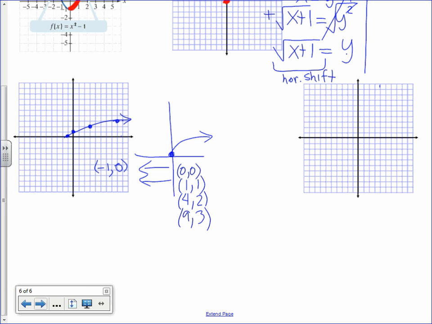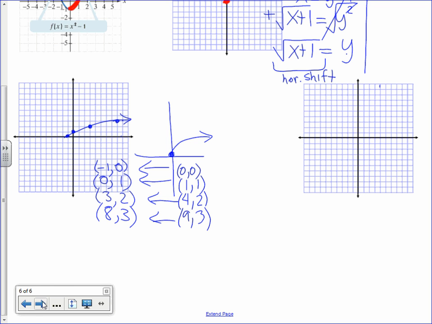We subtract, I'm trying to review for you guys. So we subtract 1 from every x. So this will be 0, 1. This one here will be 3, 2. And this one here will become 8, 3. Right? That's how I graphed it.